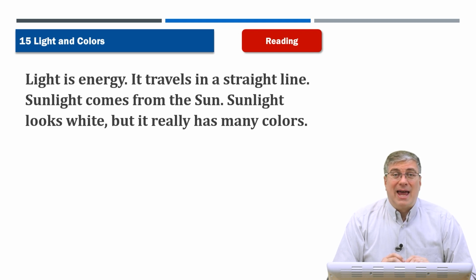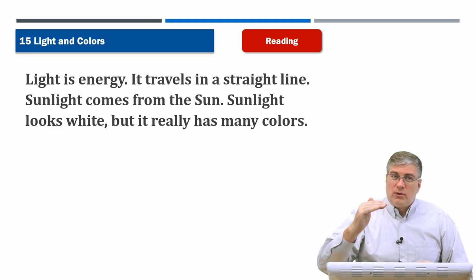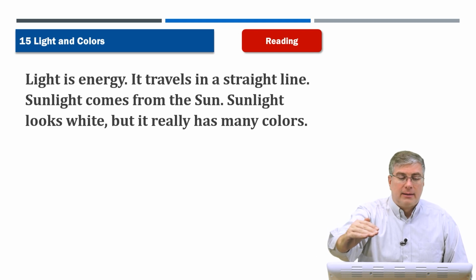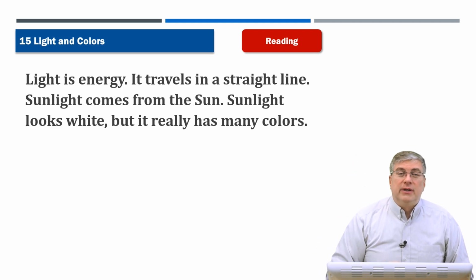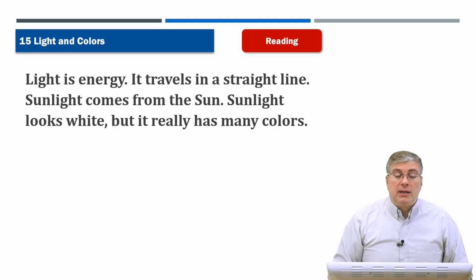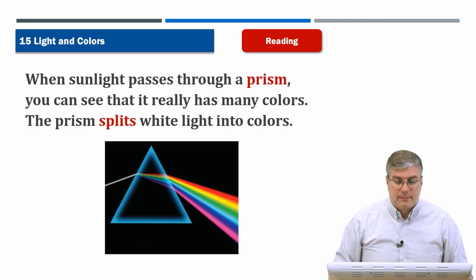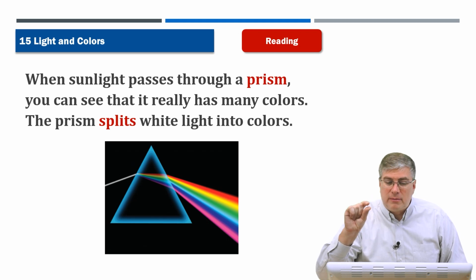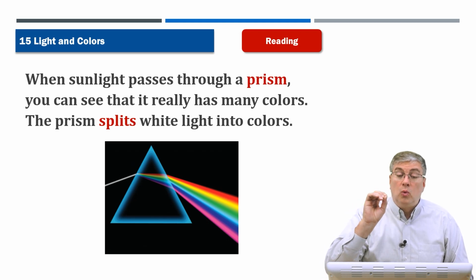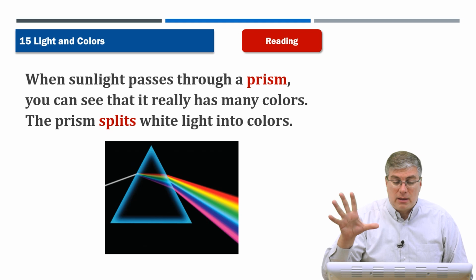Light is energy. It travels in a straight line. Sunlight comes from the sun. Sunlight looks white, but it really has many colors. When sunlight passes through a prism, you can see that it really has many colors.